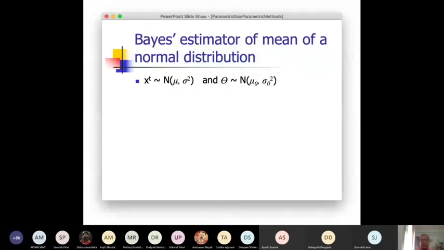Here, theta is actually mu, because theta is the set of parameters, but here you should take it as the parameter mu itself. And this mu, which is the expectation of the probability density function of the random variable x, has a prior distribution.